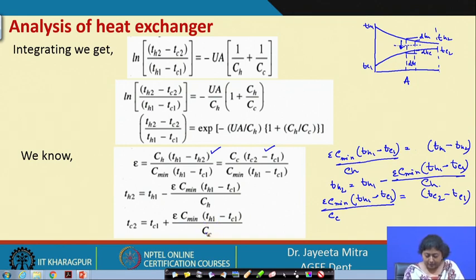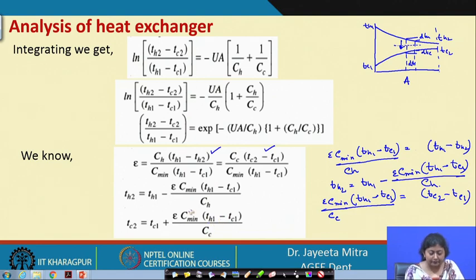Okay. So very clearly you can understand that Th2 will be the lower temperature than Th1. So, Th1 minus effectiveness into this value. Similarly, Tc2 will be higher than Tc1 because Tc1 is going to increase to Tc2. So, Tc1 plus effectiveness into C minimum into Th1 minus Tc1 by this.